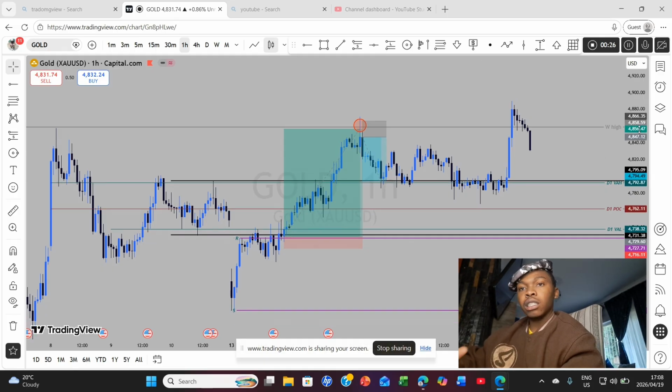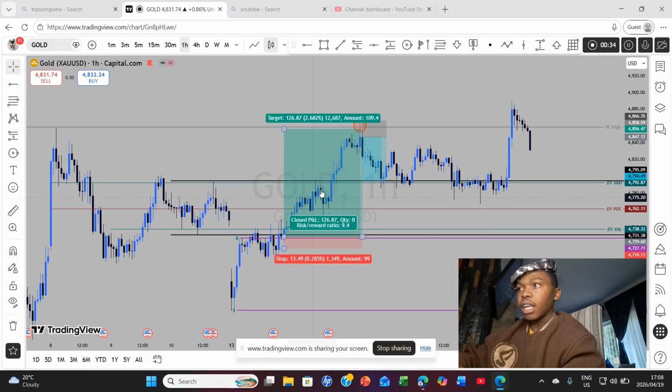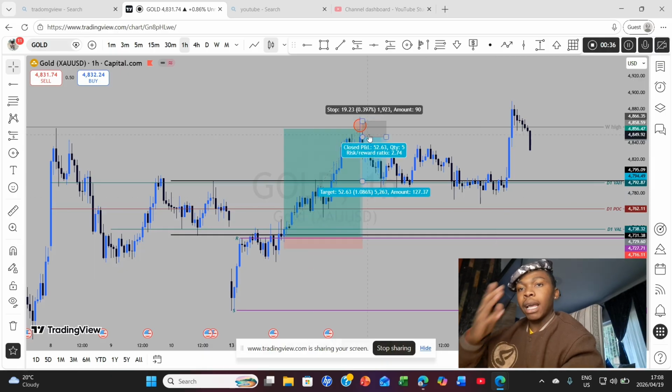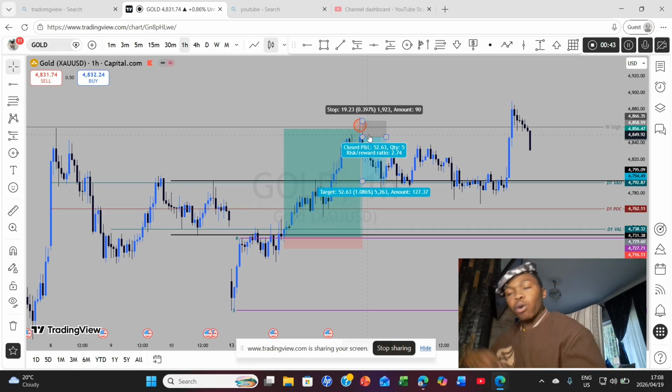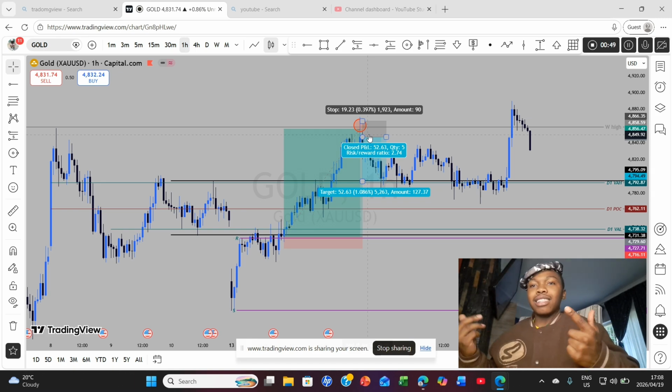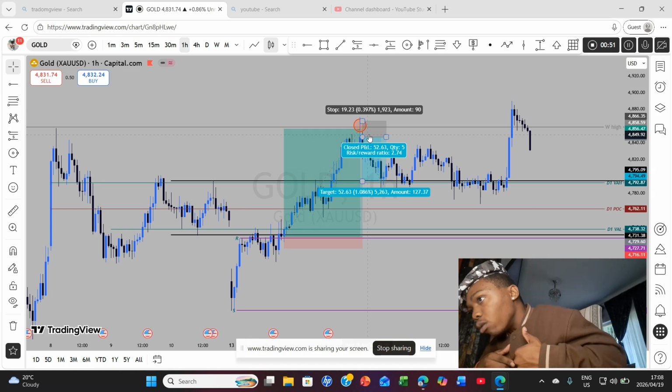So here's the trade setup that we are gonna break down, and I'm gonna show you how I caught the first trade and the second trade back to back. I was going band to band with the market. I'm central gold.